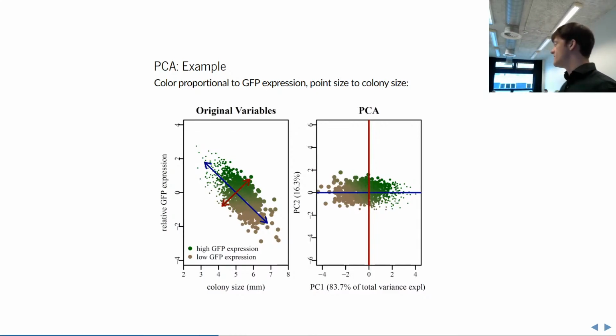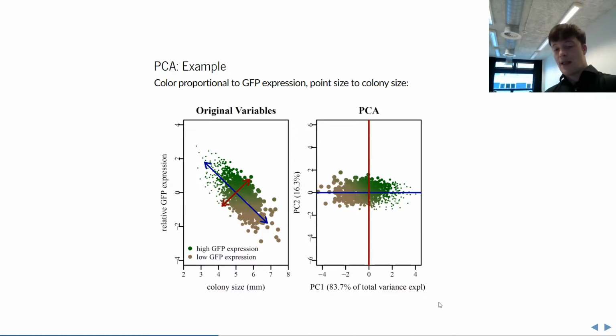And then perpendicular to that, we can make another principal component, which explains the remaining variance. That's the red line. Then I can plot my observations as scores in this new principal component system, and this blue direction becomes the new x-axis, which is principal component 1, and this remaining variance in the perpendicular direction becomes the y-axis, which is principal component 2.